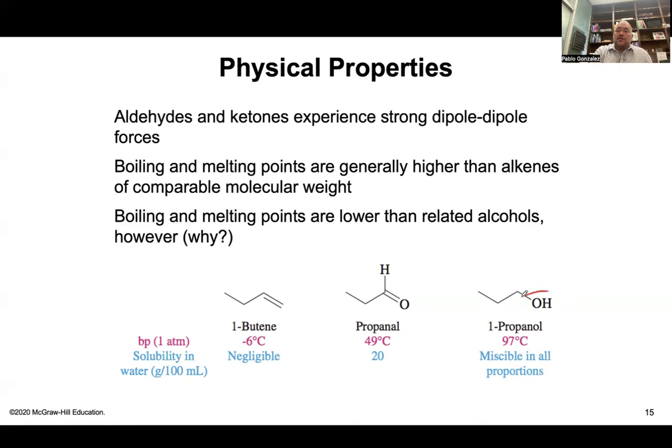And this is because of the presence of hydrogen bonds that the alcohol can form with itself, while the aldehyde can do dipole-dipole interactions, and that's going to give them a little more strength between them than alkenes or alkanes. Okay, so that's why they have a pretty higher boiling point than the alkene in this sense.